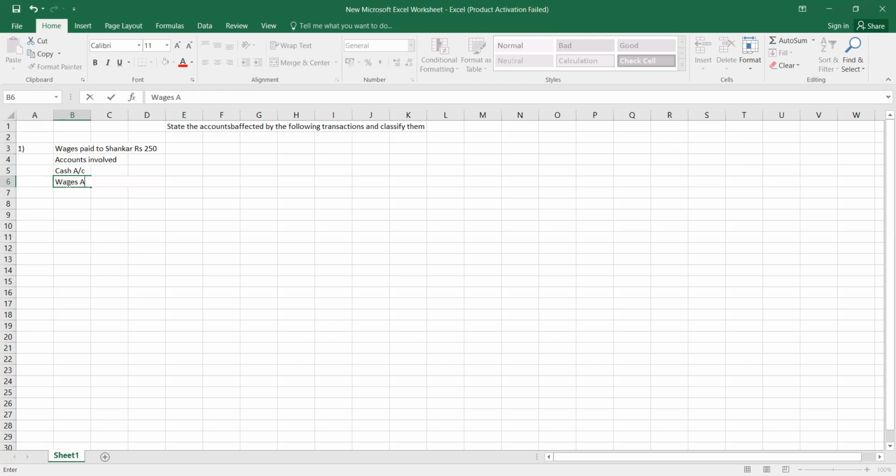These are the two accounts that are going to be involved. Now we need to classify these accounts. So this cash account is a real account.